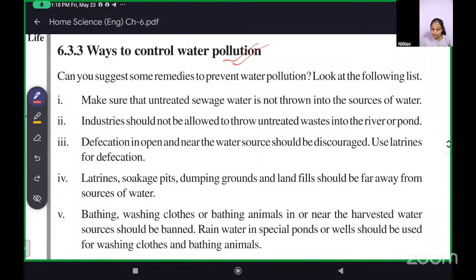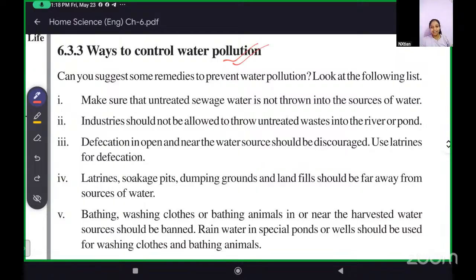Now, there are some ways. Make sure that untreated sewage water is not thrown into the sources of water. Untreated sewage water will have a lot of feces and all the dirt and everything.